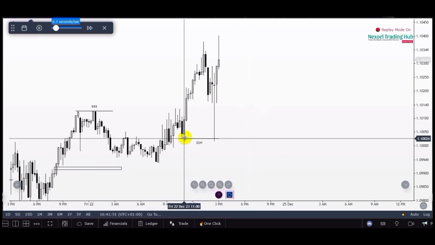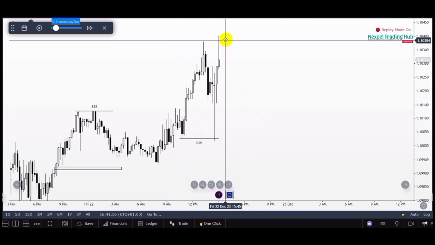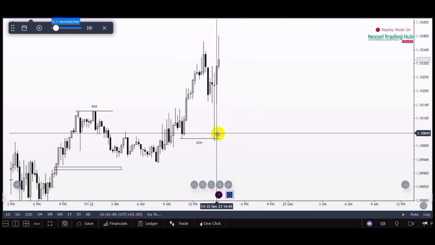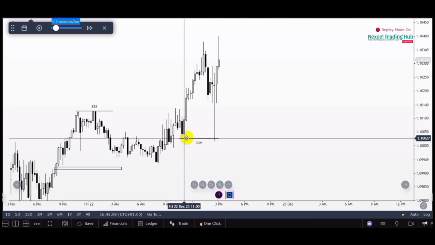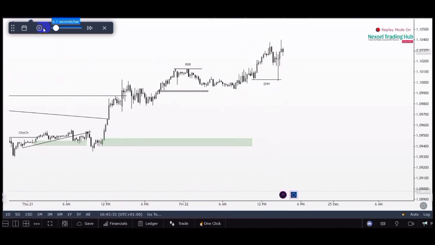So you can see this inducement serves as liquidity, price return, raided the inducement, and you can see the push to the upside. So meaning this becomes our newly formed high points here, because this sponsored the move to the downside that raided this inducement. Let's see what price is set to do again.